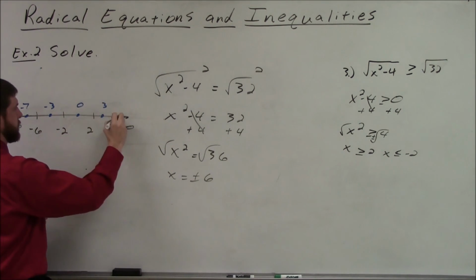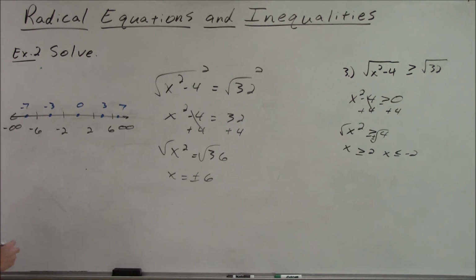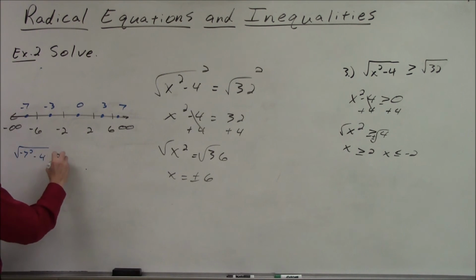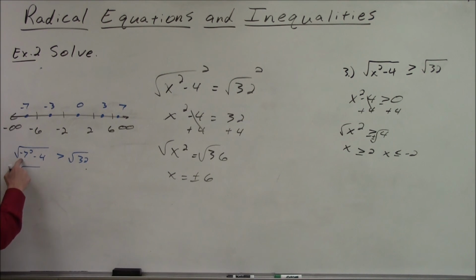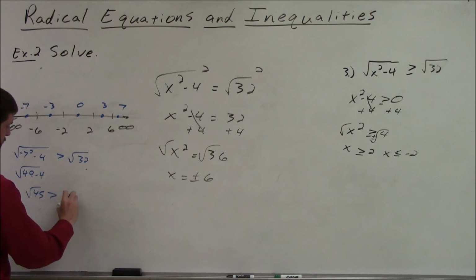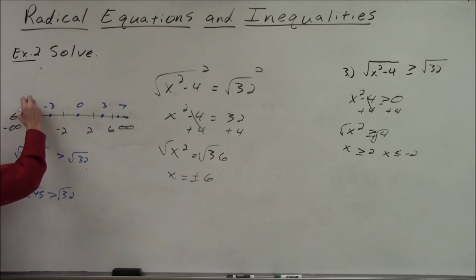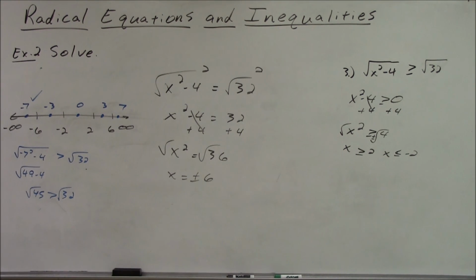We'll go positive 3 and positive 7. And we'll just test them out. So I've got square root of negative 7 squared minus 4. And we want to know, is that greater than square root of 32? Well, this one's pretty straightforward. That's 49 minus 4 is 45. Is 45 greater than 32? Yes, so that interval checks out.